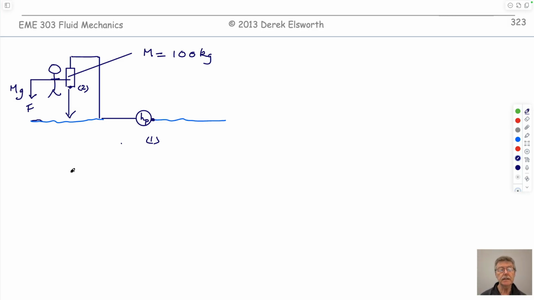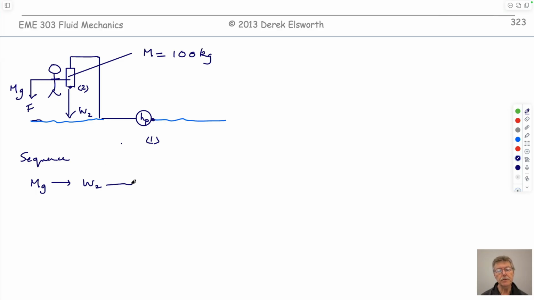Well, here's the calculation sequence. We want to use the mass of the person to calculate what I'll call W2, the velocity of the jet. We'll be able to calculate that from the energy equation, conservation of momentum rather.